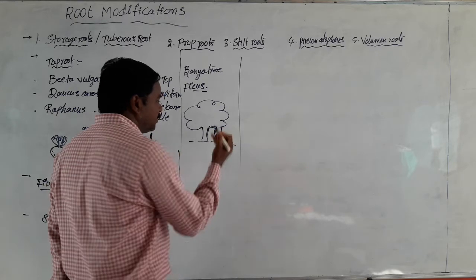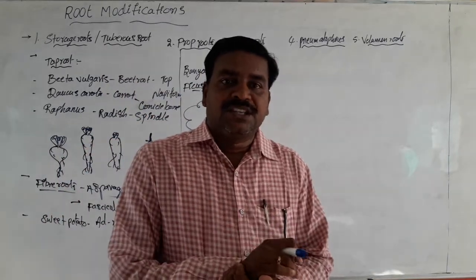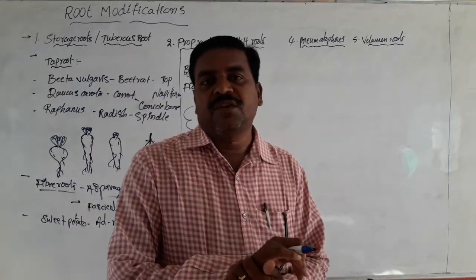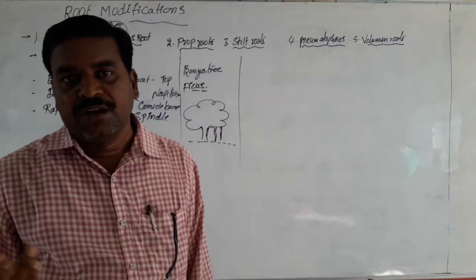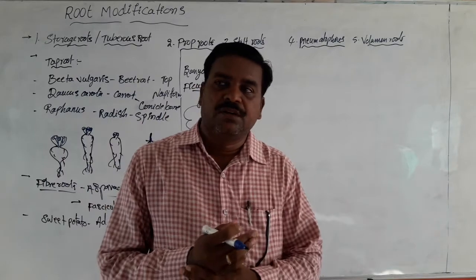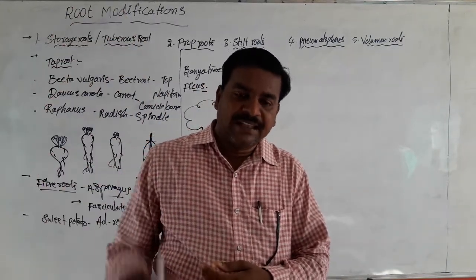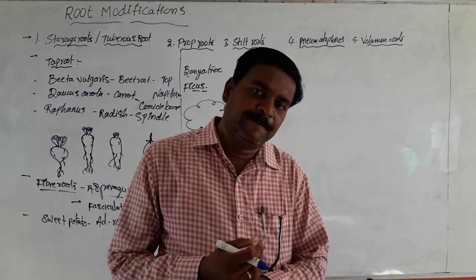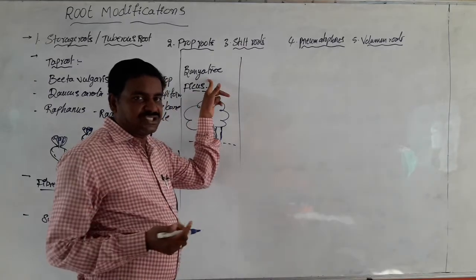Such specialized roots formed from aerial stems or branches grow in a positively geotropic manner and then enter into the soil. Later they become pillar-like structures.